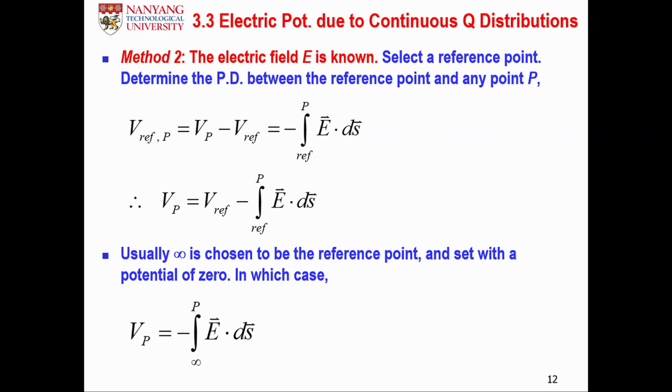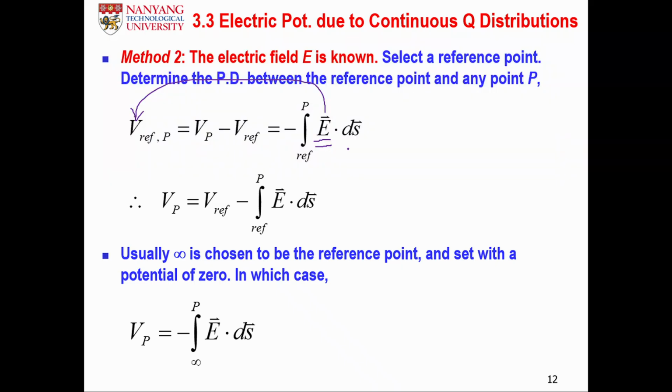Another way, if we can somehow, first of all, determine the electrical field E, then we also have this formula, again, from E to V, right? And what is the most common way we can determine electrical field E? That is Gauss's law, right?